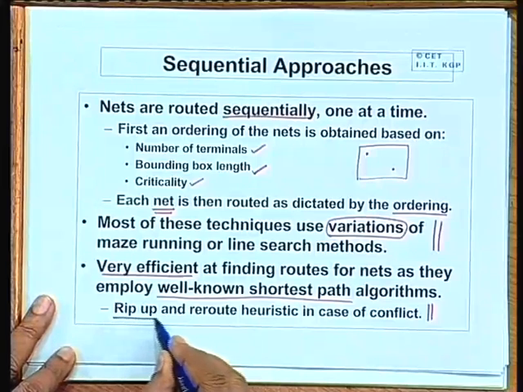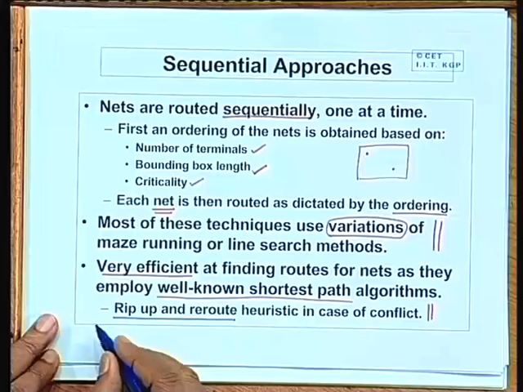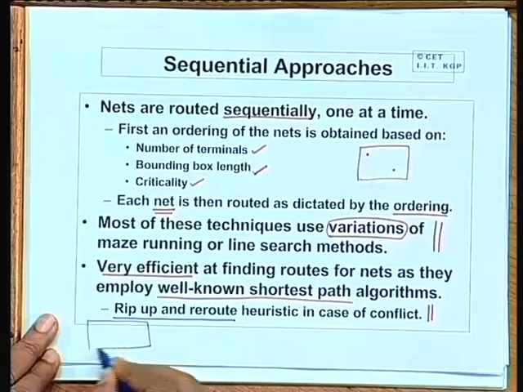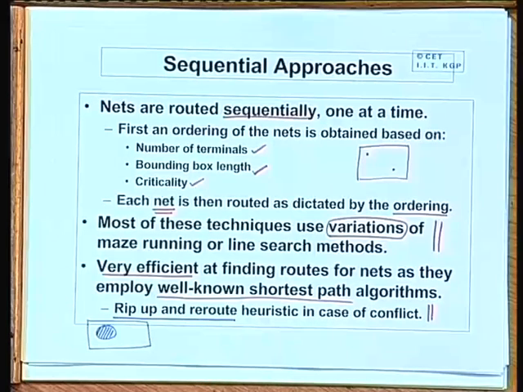So one good heuristic which people use, and which also works pretty well, is something called rip up and reroute. Rip up means you identify on the chip area which portion is creating the maximum routing congestion.